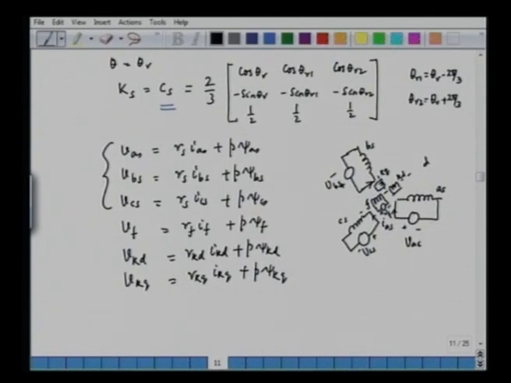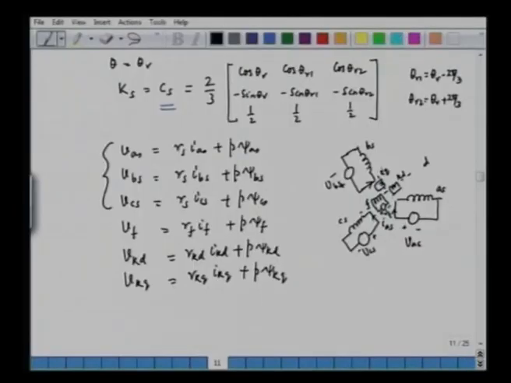So, this is the schematic view of a synchronous machine. We have 3 windings in the stator, AS, BS and CS. We have 3 windings in the rotor: 2 windings in the D axis, the field winding and the D axis damper, and 1 winding in the Q axis, that is KQ, the Q axis damper winding. So, we have to simulate this. We can write down the 6 equations, 3 for the stator and 3 for the rotor.